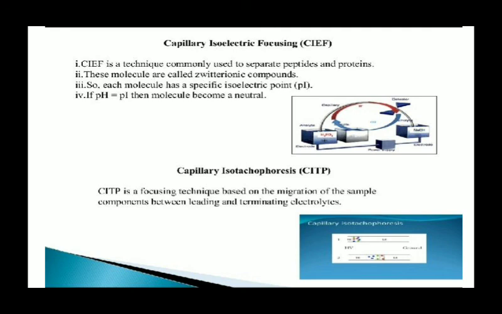At that point they have no net positive or negative charge; both charges are present, so we can say it is a zwitterionic compound. Each molecule has a specific isoelectric point, meaning at that point the molecule becomes neutral. On the basis of that, you can separate the molecules in capillary isoelectric focusing, okay.